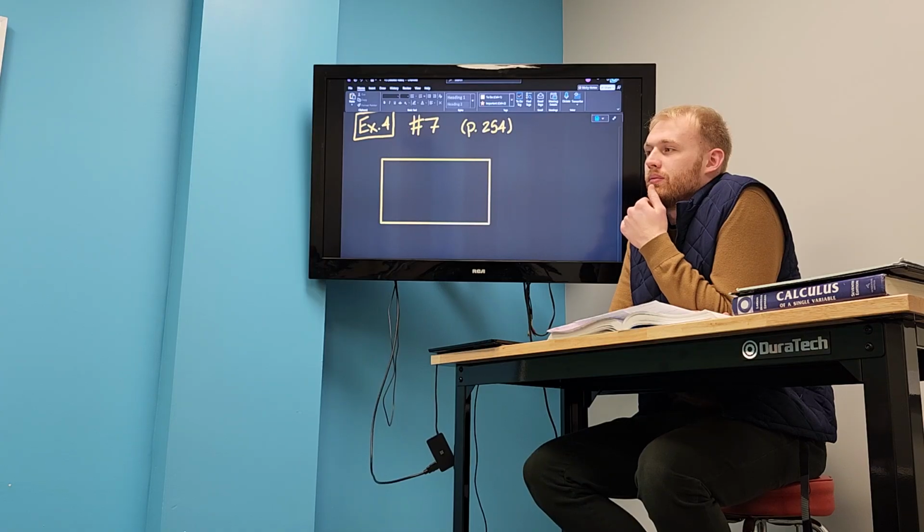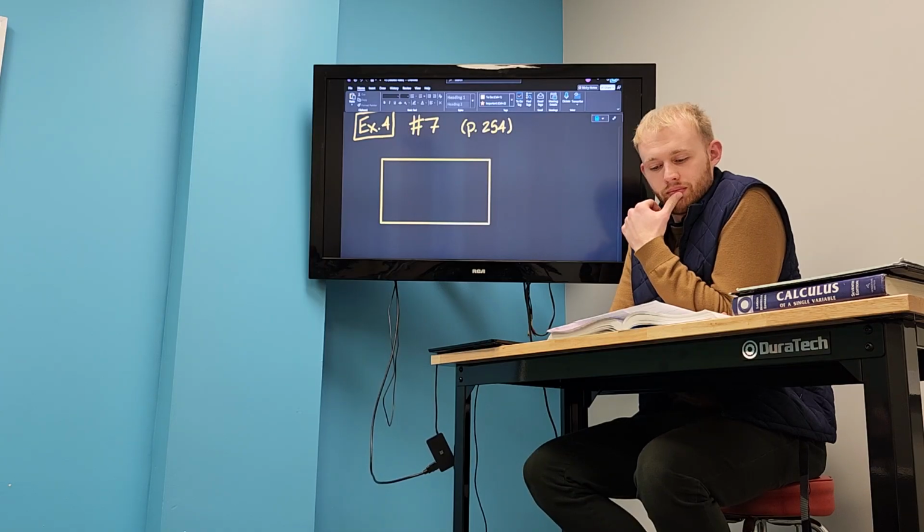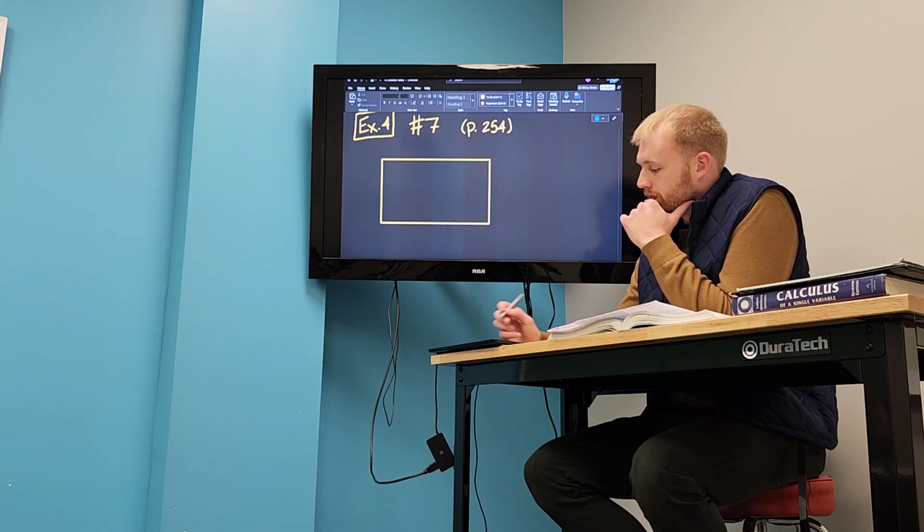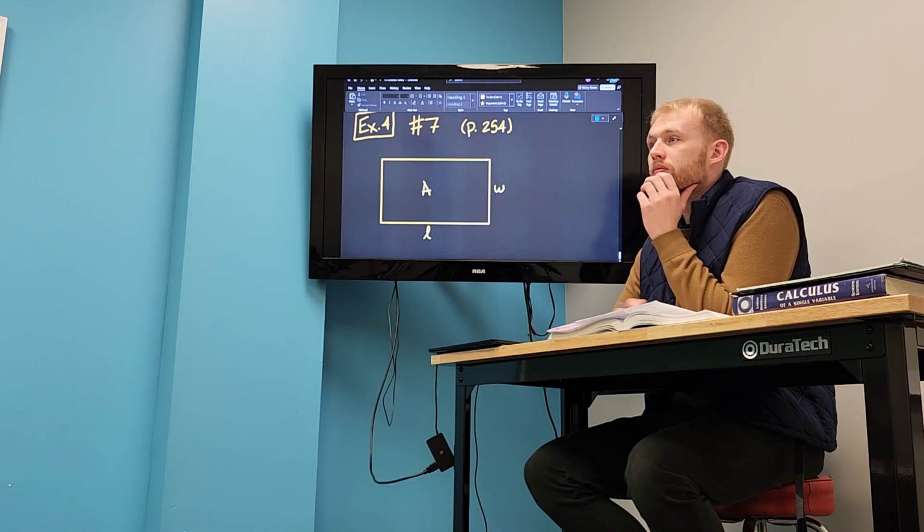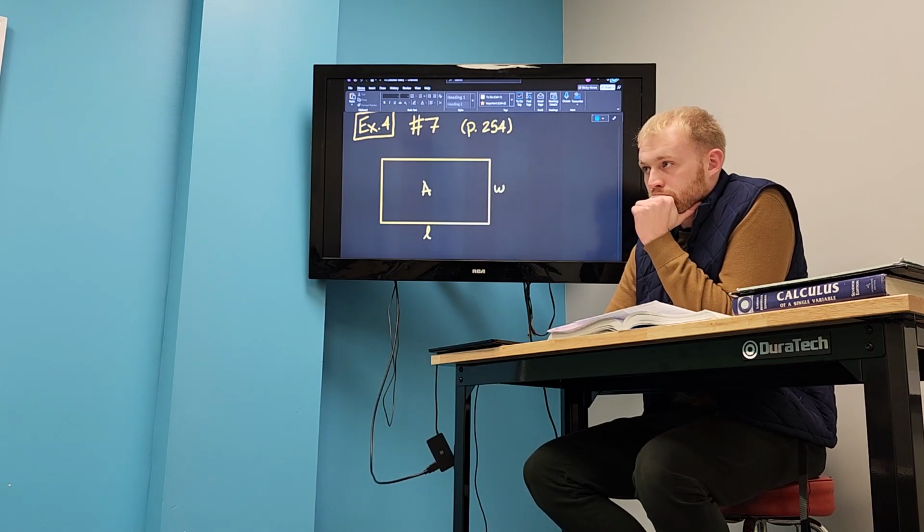We're going to do the same concept. Just plug in variables for L and W, which would equal your area, and then find dL dt.